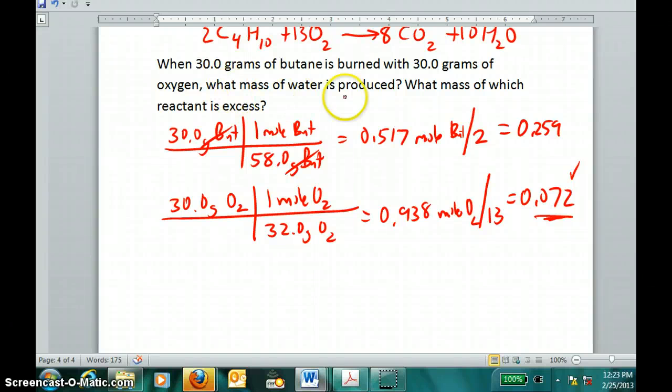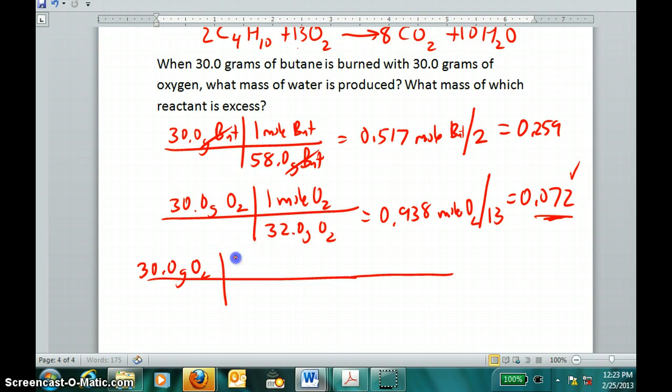So we want to know what mass of water is produced. Well, I know for every 13 moles of oxygen, we'll get 10 moles of water. So I do the stoichiometry based on my limiting reagent, because the oxygen will, in fact, run out first. 1 mole O2, 32 grams O2. And now the stoichiometry. For every 13 moles of O2, we get 10 moles of water.